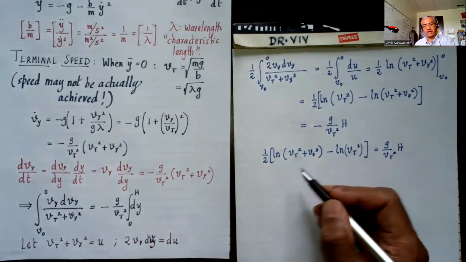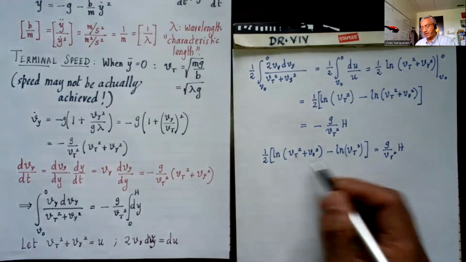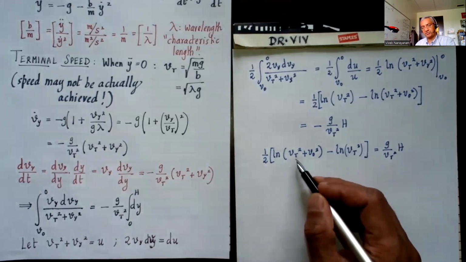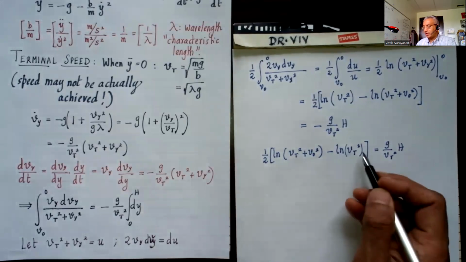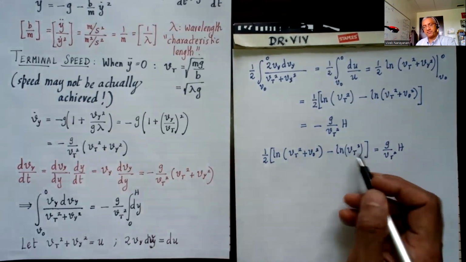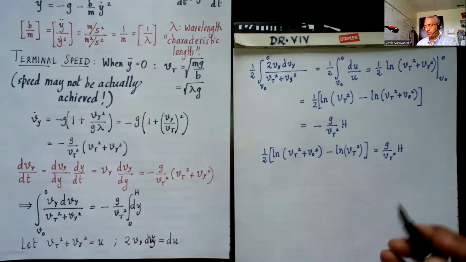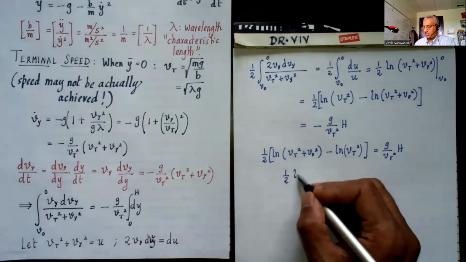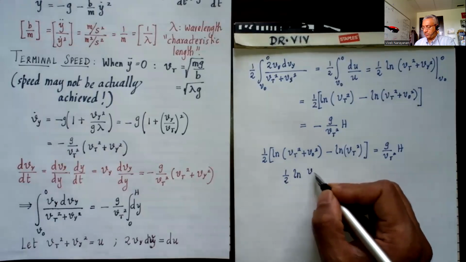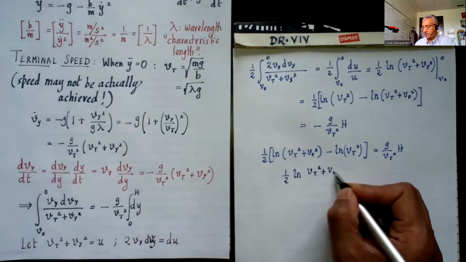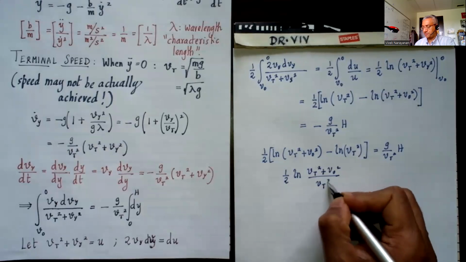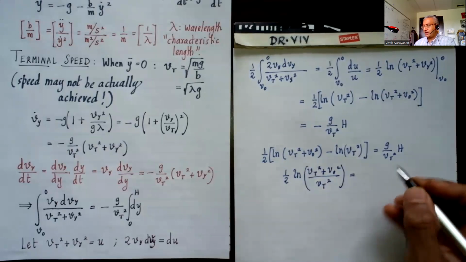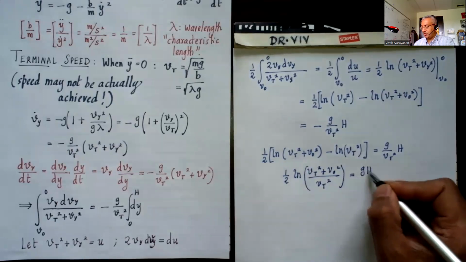Now I can use the old trick. Combinations like this make me uncomfortable because natural log of meters squared per second squared makes no sense. But I can use the trick that the difference in logarithms is the logarithm of the ratio. So I get 1/2 natural log of (Vt squared plus V naught squared) over Vt squared, and that is equal to gh upon Vt squared.